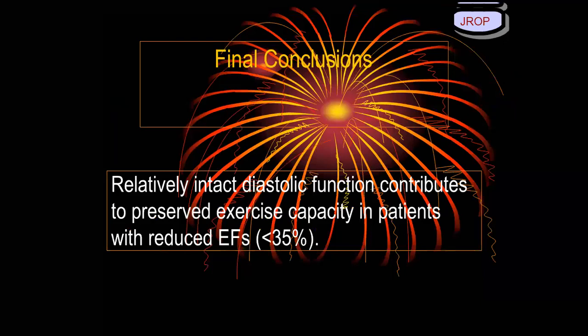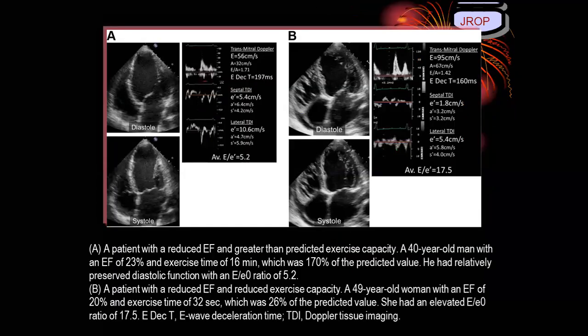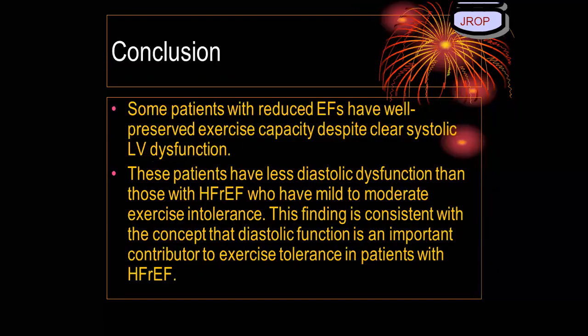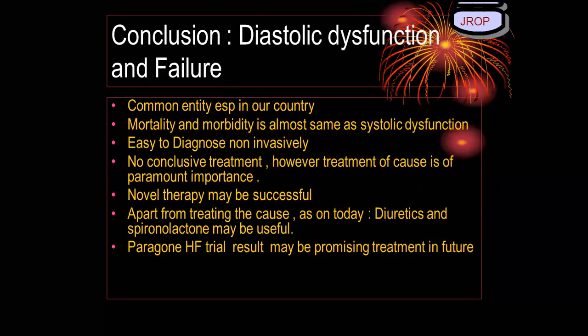Unless you treat the cause, you're not going to treat the heart failure with preserved ejection fraction. If they're ischemic, things are different. If they're cardiomyopathic, things are different. But treating the cause of these subjects is the most important thing. As of today, this is the answer.